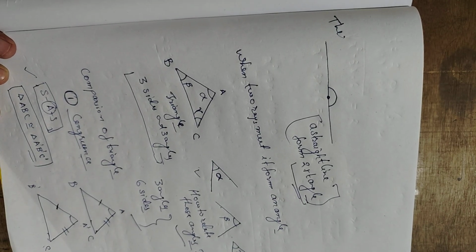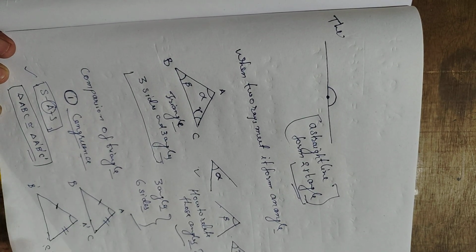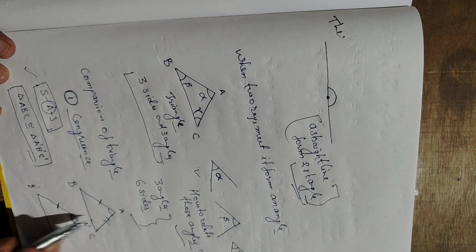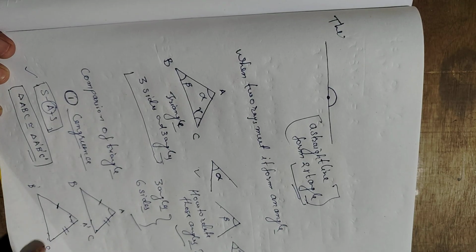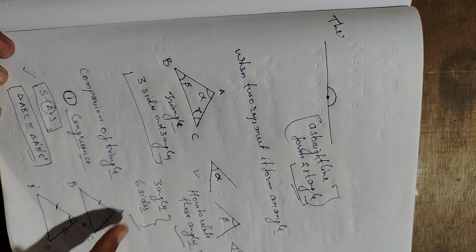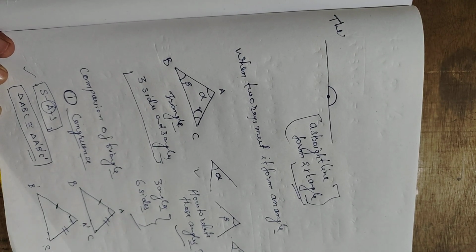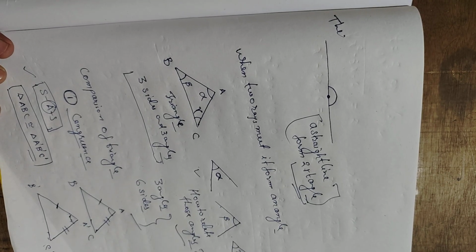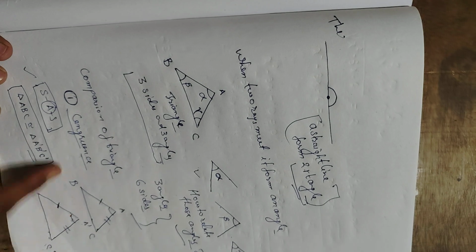We can place A dash B dash on AB. Since the two angles are equal, A dash C dash lies on the line AC, and since A dash C dash equals AC, they coincide, and B and C coincide with B dash and C dash, so the line B dash C dash also coincides with line BC.